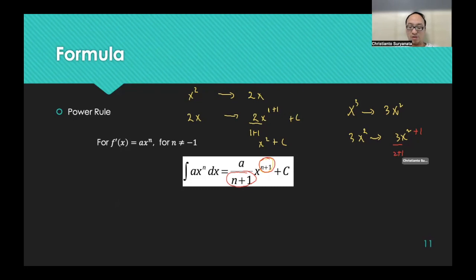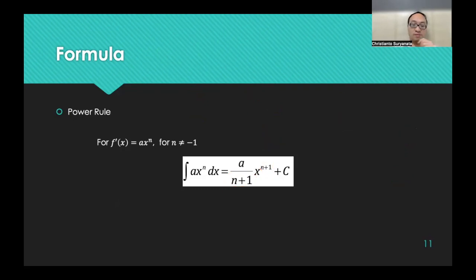So it equals 3x cubed over 3, which equals x cubed plus c. So this is the original function. This is called the power rule, applied for ax to the power of n, and n should be any number except for -1.